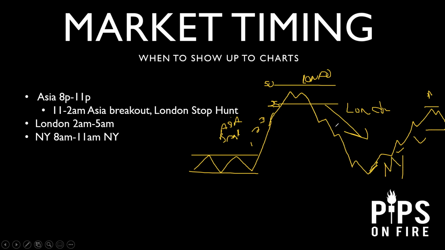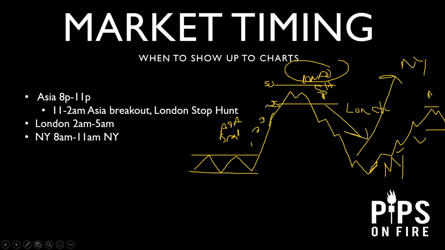If this makes sense. So oftentimes you will see one directional move in each session, and then sometimes you will see that London and New York are all short, or maybe it's all long. But just know that this breakout, right? You want to be careful with the breakout, because this is where market makers can psychologically trick you with these 1, 2, 3 pushes to think this is going to continue to go up, when in actuality, when London comes, it's going to be up here in the stop hunt boxes, and then it's going to reverse and go back down for London, and perhaps go back up for New York, okay?